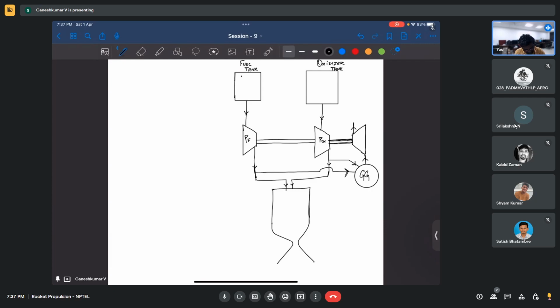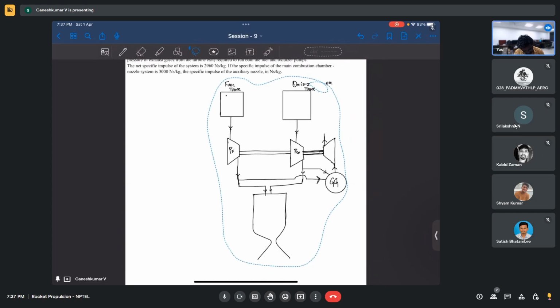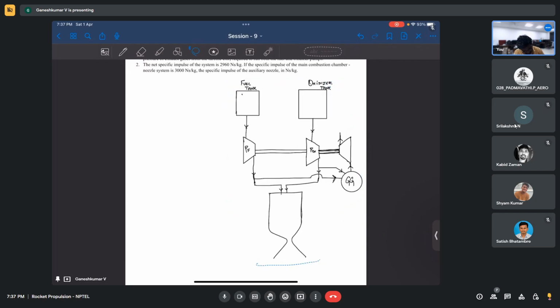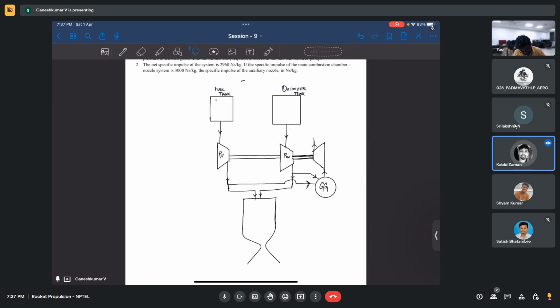What happens to the output of the turbine? It powers both the pumps. Yeah, the work output powers both the pumps, but what happens to the outlet of the turbine? Okay, we can feed the gases back into the main combustion chamber for added thrust, I guess.